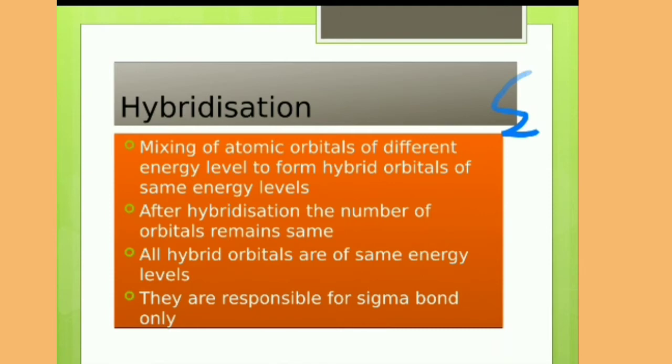So I will define hybridization in just a few words: it is just mixing of atomic orbitals of different energy levels to form hybrid orbitals of the same energy level. What are atomic orbitals and what are hybrid orbitals? I will explain.